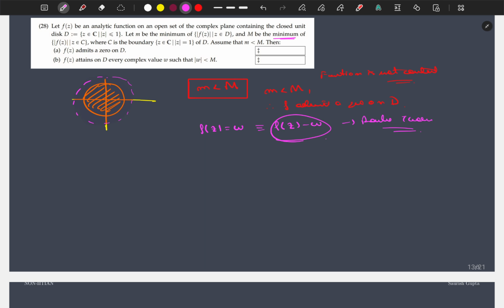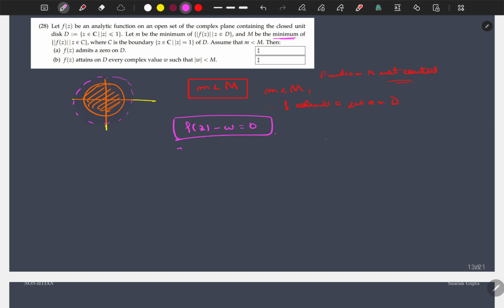So how do I try this particular thing out? Something which I can do is in the following sense. I need to find the number of solutions of this particular equation, right? If I have a solution here, then I'm good to go, isn't it?